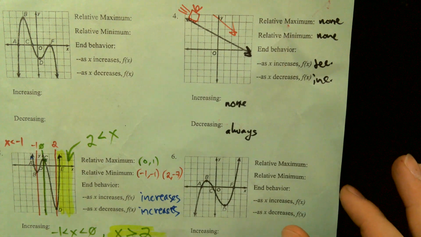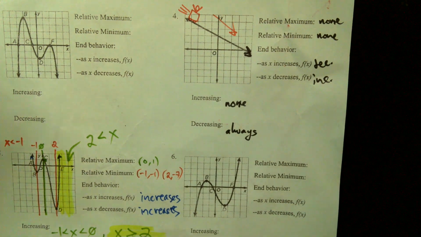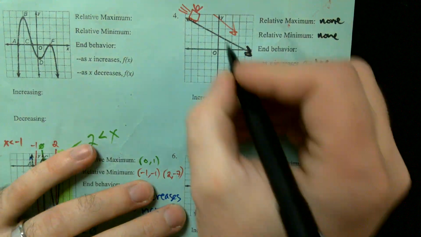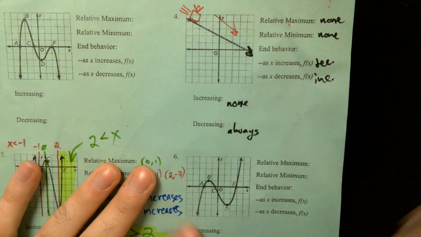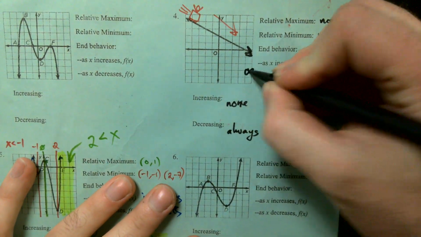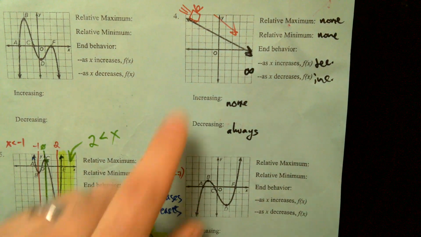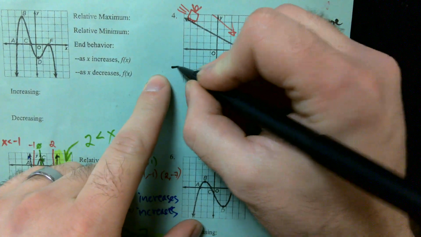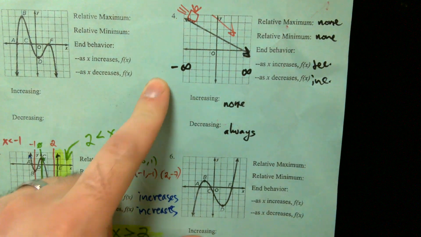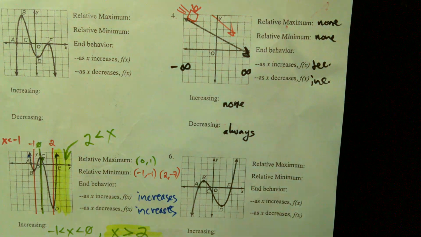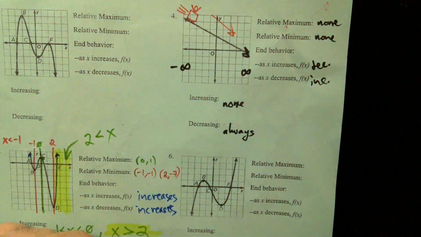But I'm not going to ever hit infinity because infinity is not a number, it's a concept, right? So this function is going from infinity to negative infinity. And from that point to that point, this function is always decreasing.